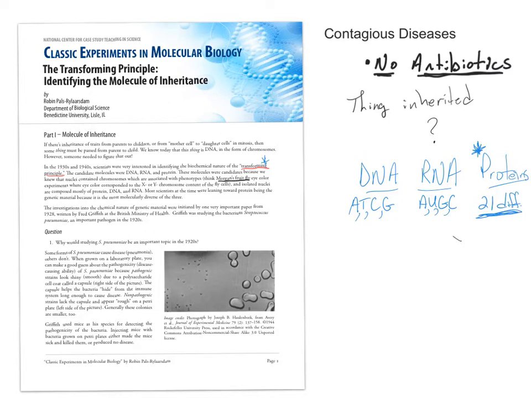And of course, proteins seemed the most likely because there were 21 different letters, if you will, that would allow you to create this code that would allow you to inherit so many different traits. Today we know there's 20,000, maybe up to 25,000 genes that code for a protein in our DNA.